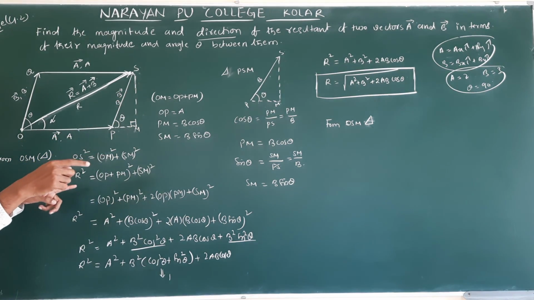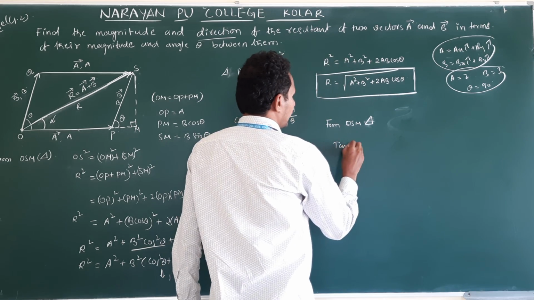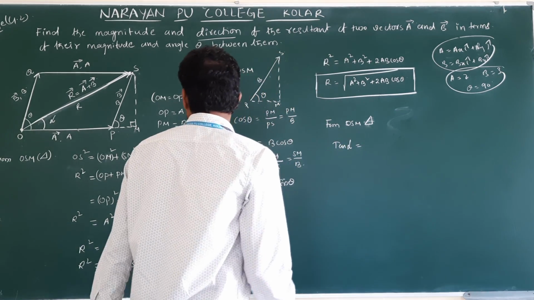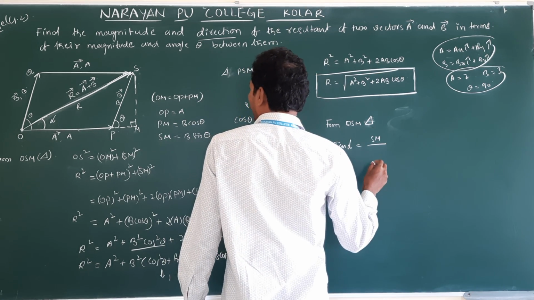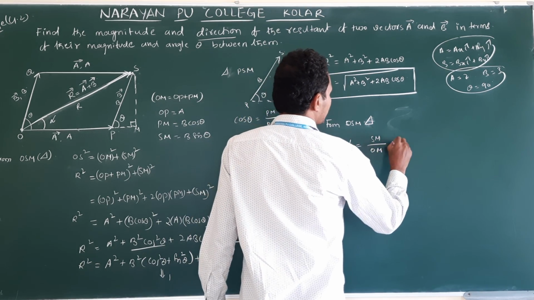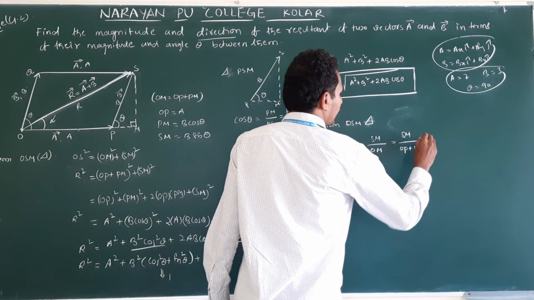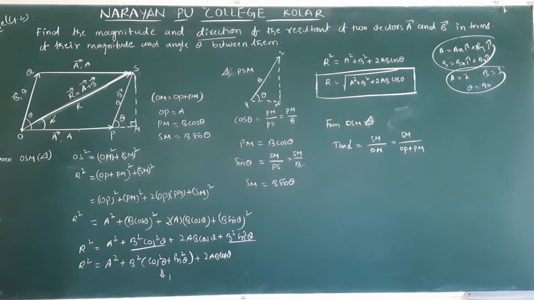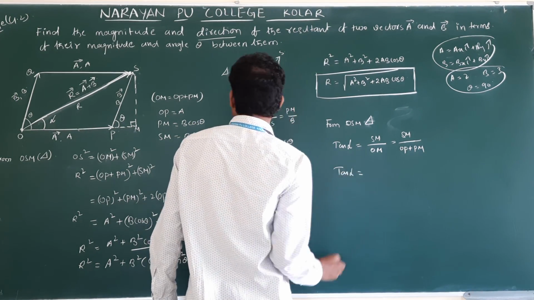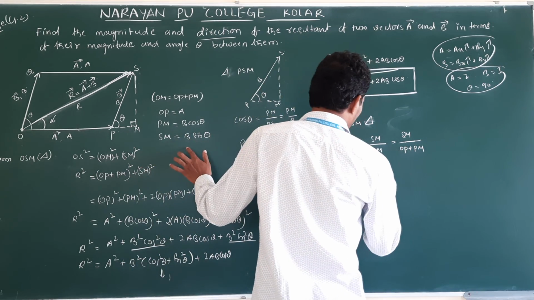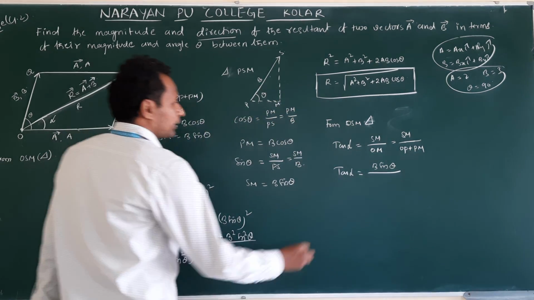Which trigonometric ratio contains both adjacent side and opposite side? That is tan alpha. Tan alpha is equal to SM by OM, which is equal to SM by OP plus PM. Am I correct? Then what is the SM value? Already we calculated B sin theta. What is OP?